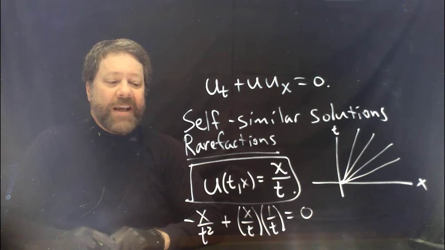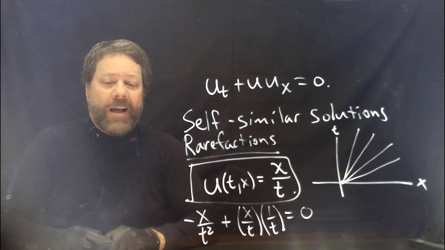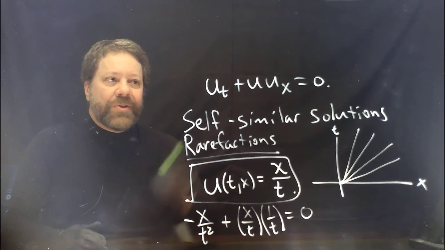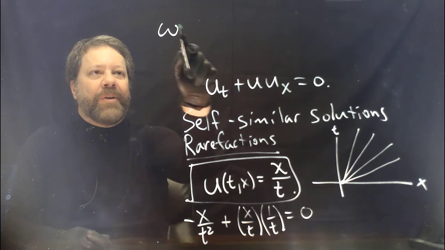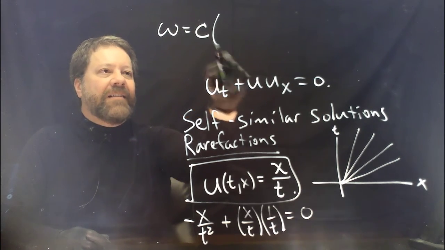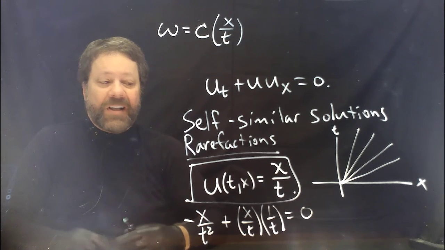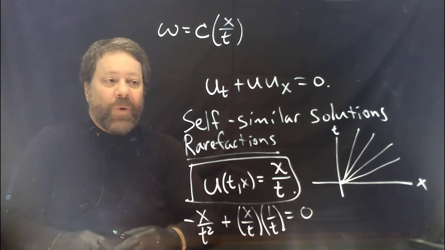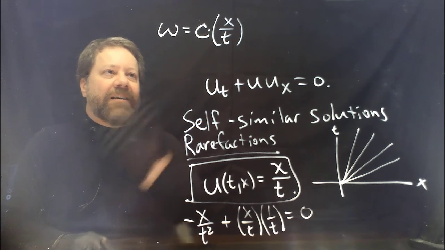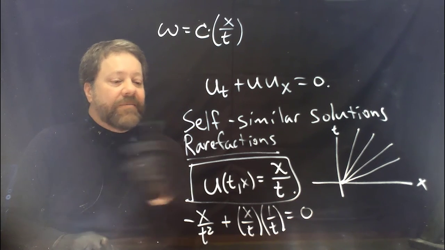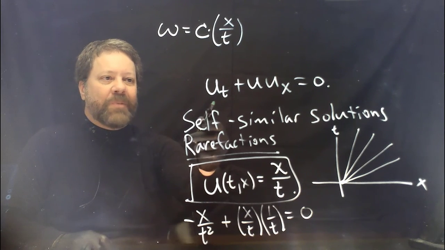A point I'd like to make, though, is that linear combinations of these fan waves are not going to be solutions to Burger's equation. In particular, let's suppose that w is c times x over t, just a scalar multiple, certainly a linear combination of this one. What does it take for this, a constant times x over t, to be a solution to Burger's equation? It's easy to check. We'll just plug it in.